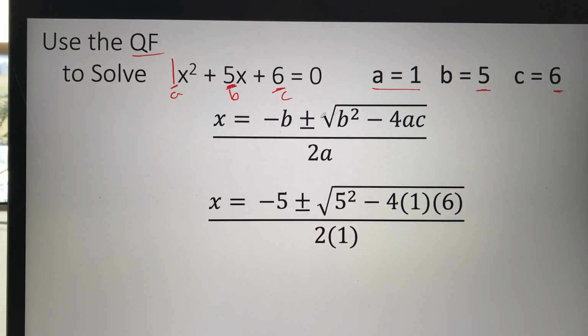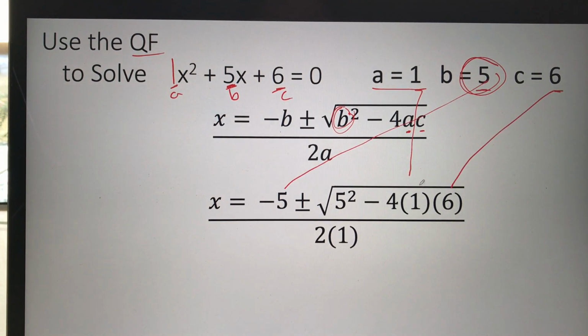So negative b, so here's my b, so negative 5 is to go here, plus or minus the square root of b squared, my 5, so 5 squared, minus 4ac. Well, a is 1, and c is 6. Just plugs in there and there. All over 2a. A is 1, 2a. So really it's kind of complicated, but it's really just substitution that we're doing. And once it's in, we just begin to operate.